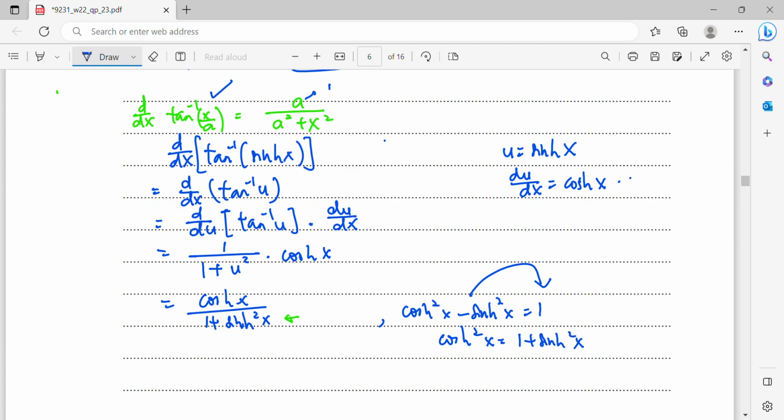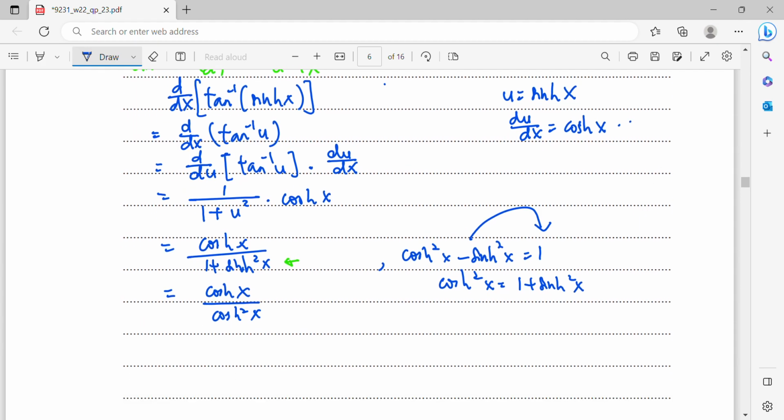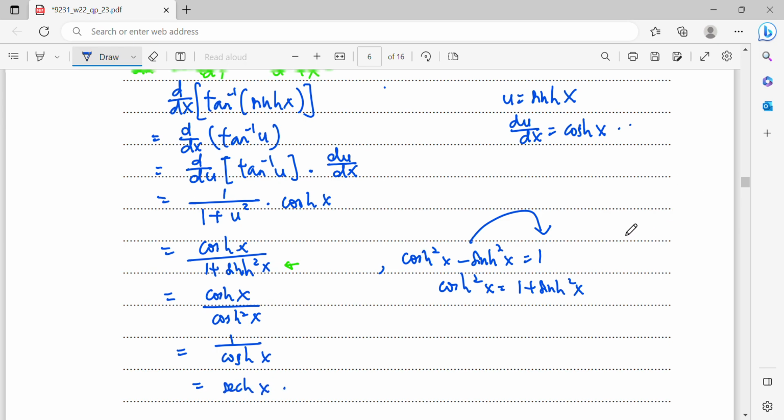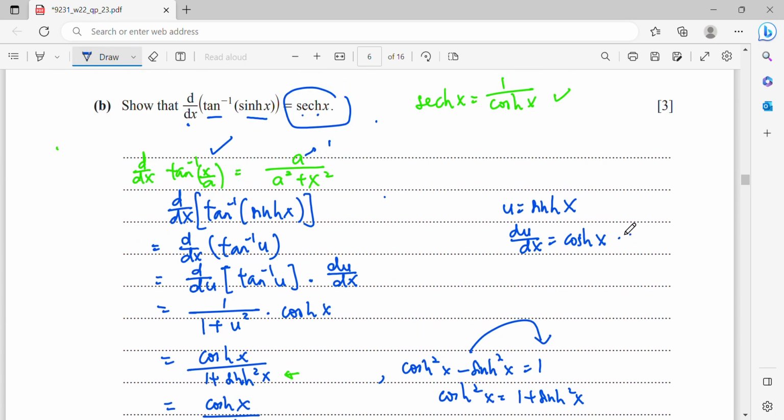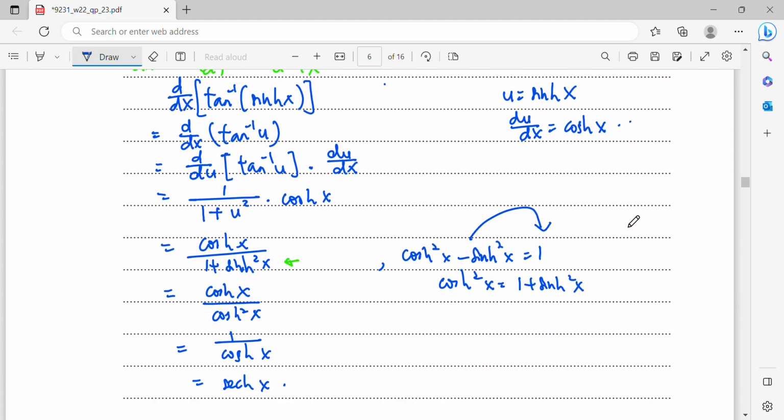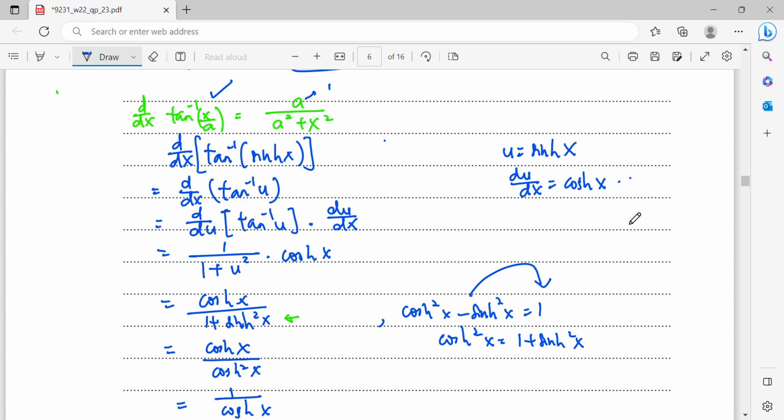Which means here I will get cos x over cos square x. So when you simplify, it will be just 1 over cos x, which is our hyperbolic secant x. So this is how we prove the result, using the inverse tangent formula.